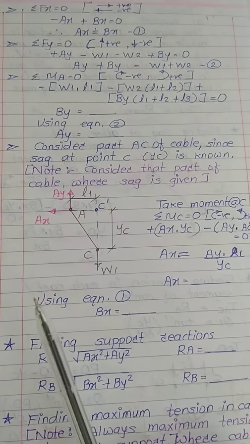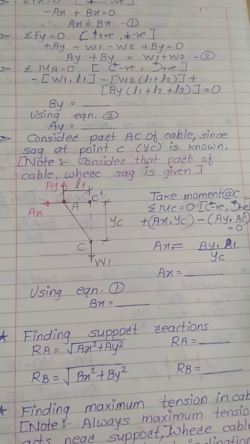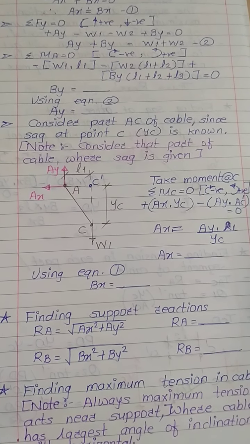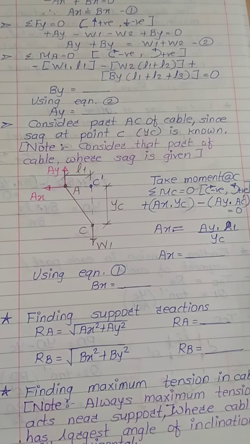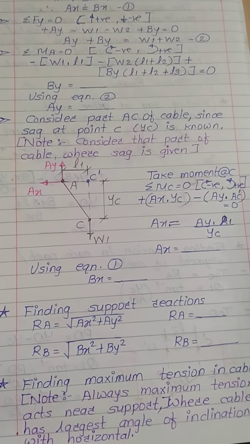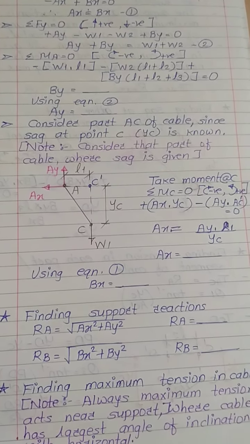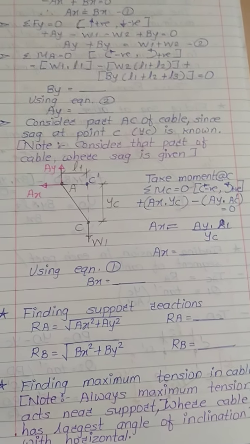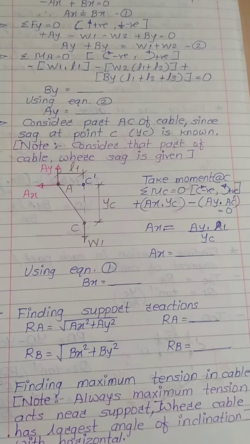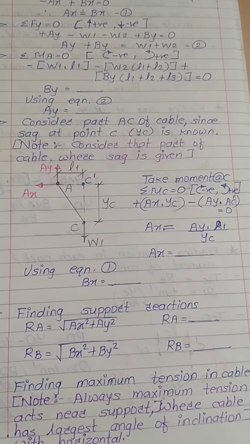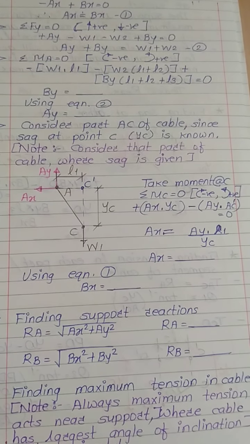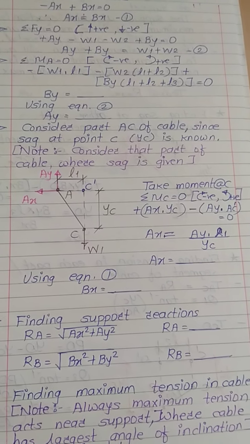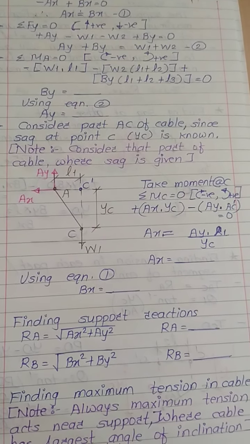Now after getting Ay and By, our next aim is to get the horizontal components acting at points A and B, which are Ax and Bx. For this you have to consider a part of the cable, and by applying moment at that point you have to get the values of Ax and Bx. Now how to decide which part we have to consider for analyzing the values of Ax and Bx?